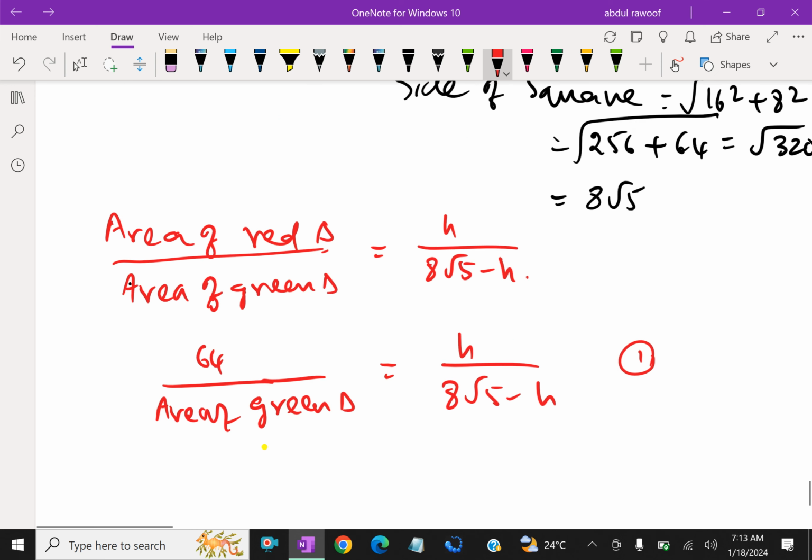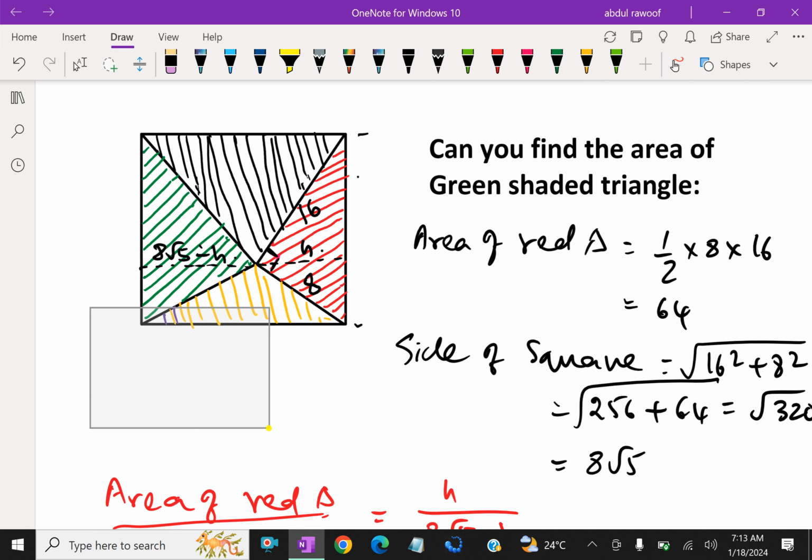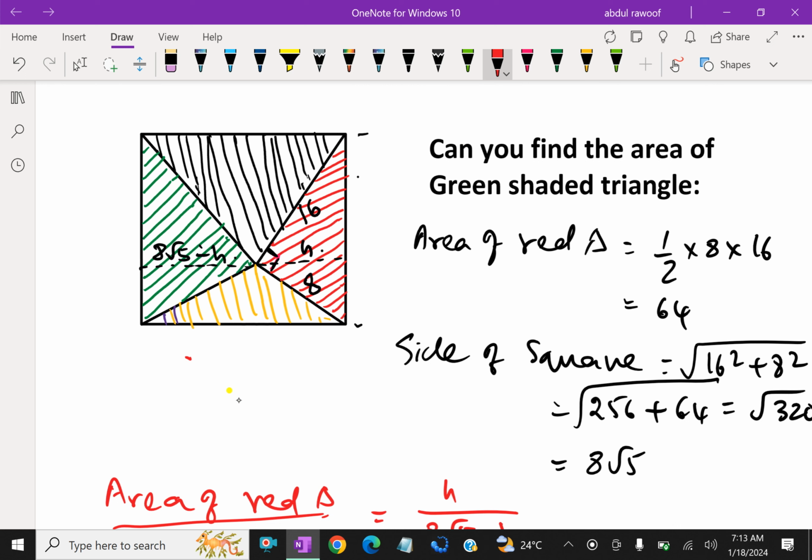Now, we know that in any square or rectangle, if you put any point inside the square and join it from the point to the corners of the square, then the sum of the areas of one pair of opposite triangles is equal to the sum of the other pair of opposite triangles.